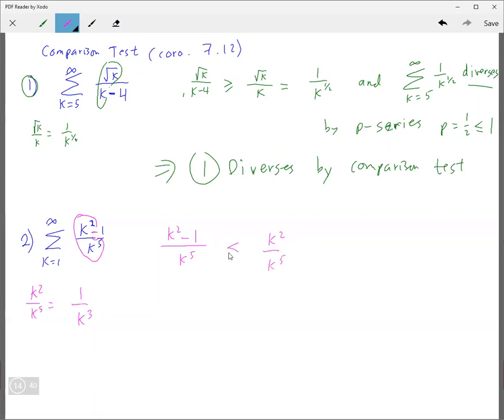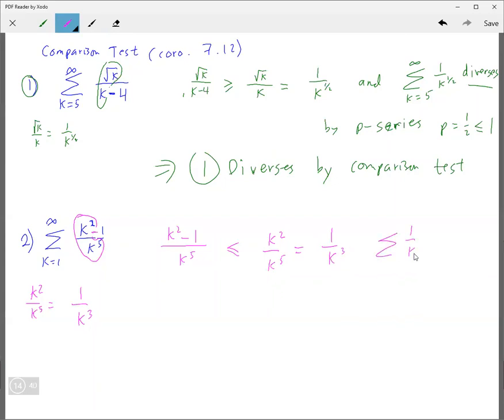So now this one is smaller than this one, right? Because there's a -1 in the numerator, so that's going to be smaller than 1 over k to the third.